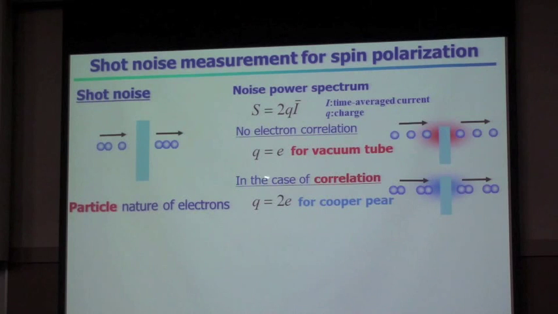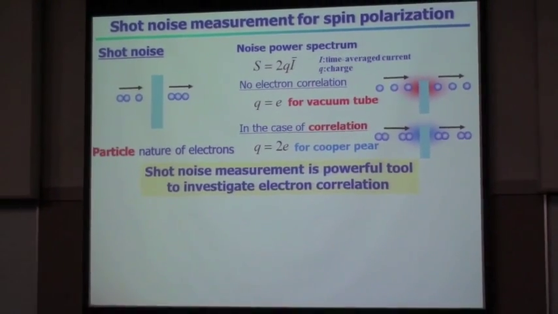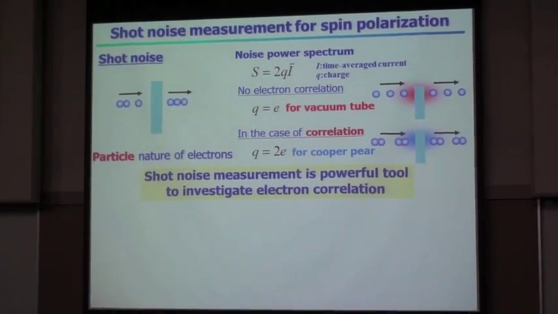However, in the case of strong correlation, for example a Cooper pair, where two electrons strongly correlate with each other, the charge Q equals 2e. So this charge Q really reflects the particle nature of the electrons. So this is a really powerful tool to investigate the electron correlation in the system.